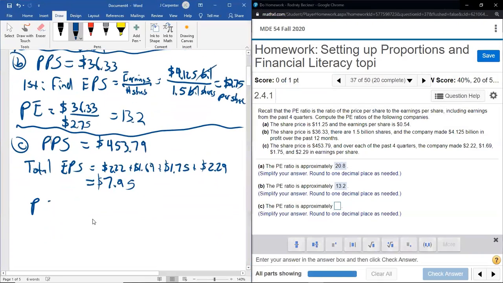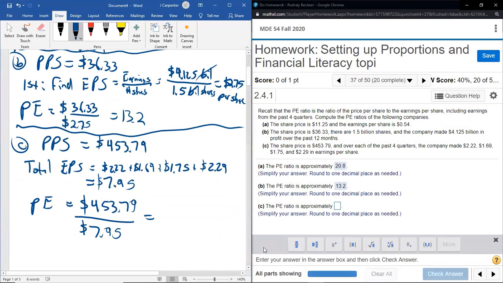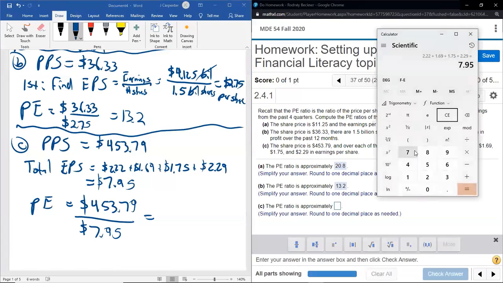The PE ratio is the ratio of price per share to earnings per share. Price per share was the $53.79 dollar amount. The earnings per share we calculated to be $7.95 per share. So let's divide those 2 values. 53.79 divided by 7.95.